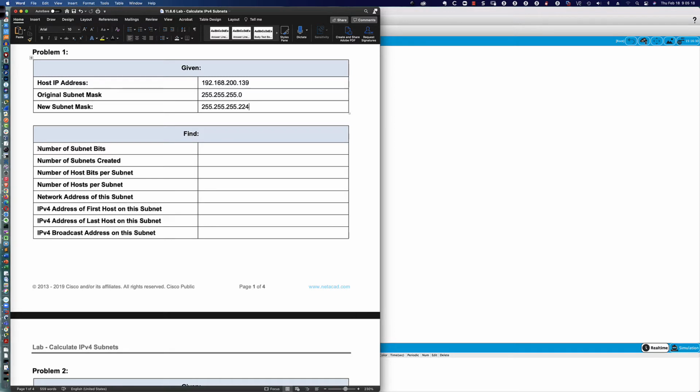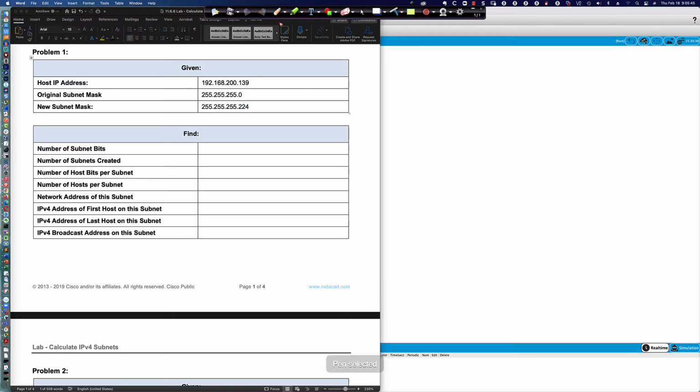So now it's asking for the number of subnet bits. Don't interpret that to mean the number of total bits, and we'll do both answers. But when they're asking for the subnet bits, that implies that you are subnetting. And so if we are subnetting in this scenario, only in the last octet would we find the subnet bits. Remember, these decimal values that we see here have binary equivalents.